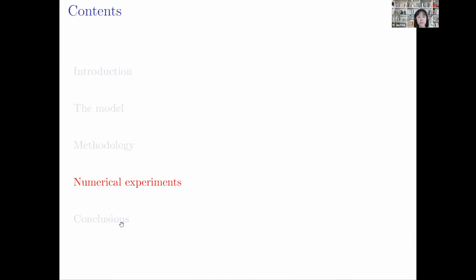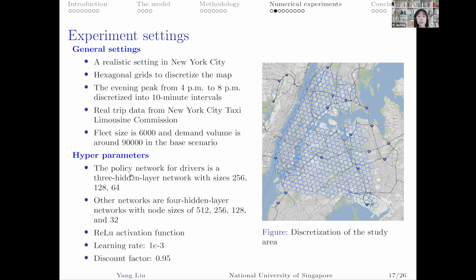And then the numerical study has been conducted using a New York City data set. So we use a taxi data set from New York City, which gives us a realistic setting for the mobility on-demand system.